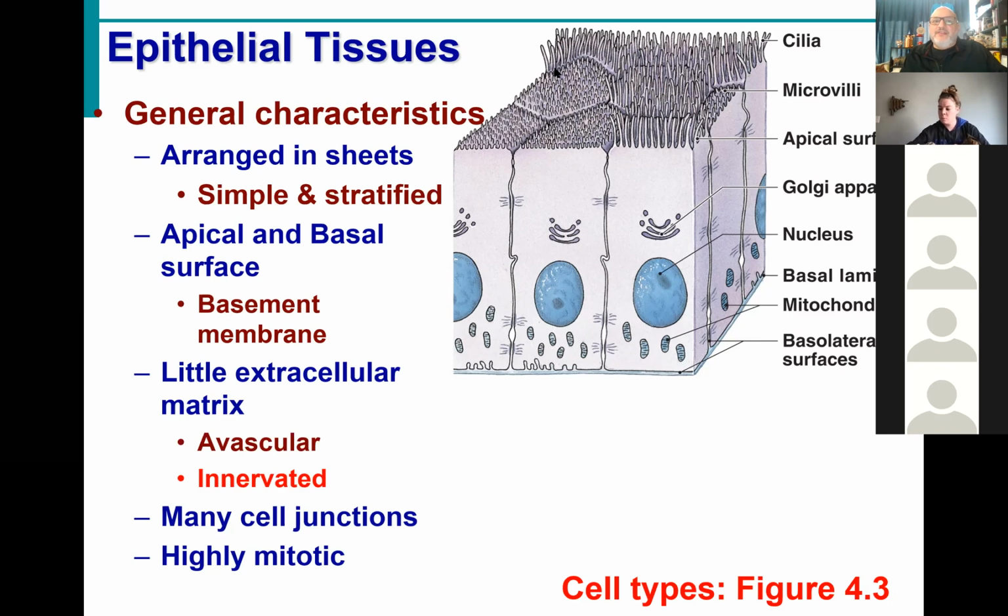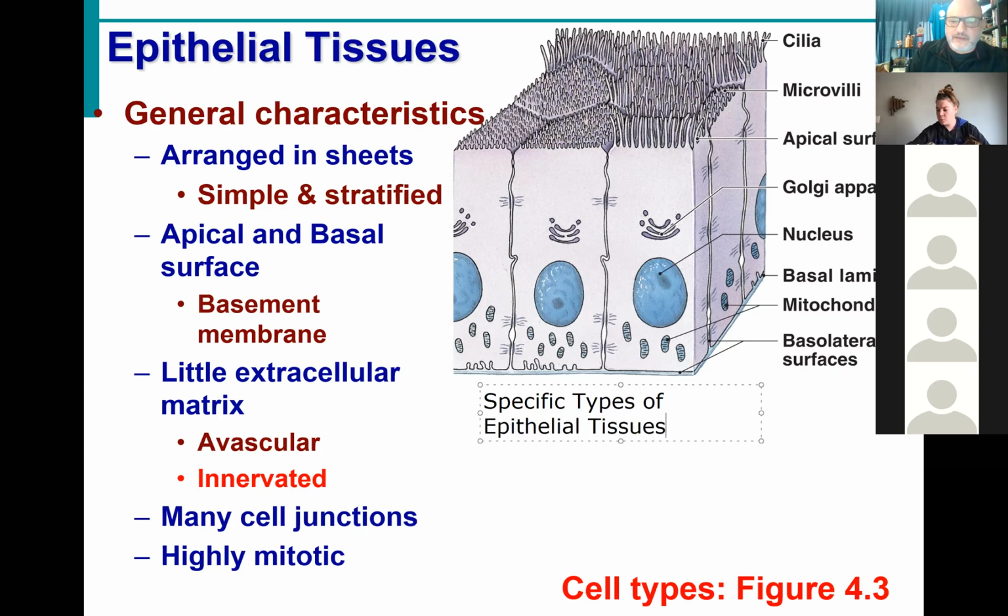So again, these are characteristics of all epithelial tissues, but there are also going to be specific types of epithelial tissues. And let's see how good your math skills are. 3 possible shapes, 2 ways we define them by their layers.